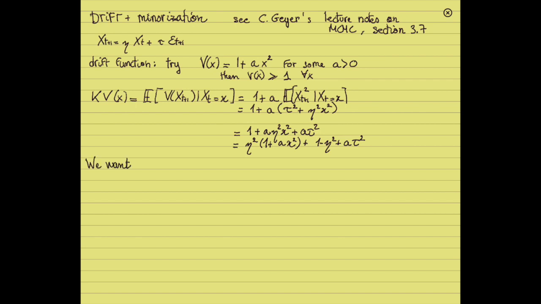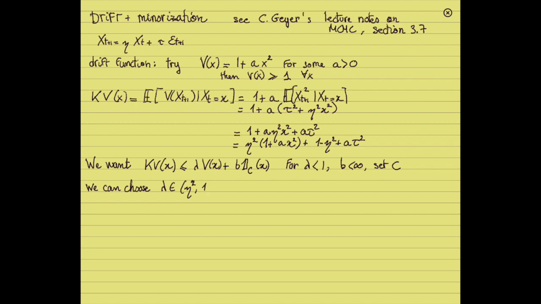And for v to be a drift function, recall that we want kv of x to be less than lambda v of x plus b, indicator that x is in a set C, where lambda is a constant, more than 0 and less than 1, b is a finite constant, and C is a set. And so here, in fact, we can indeed choose a lambda anywhere between eta square and 1.